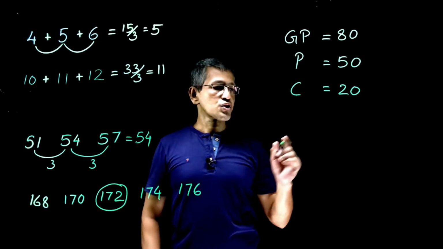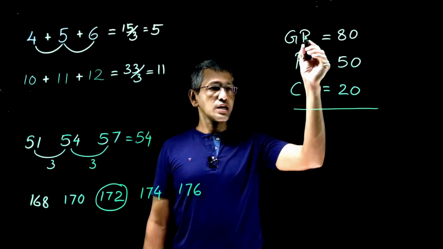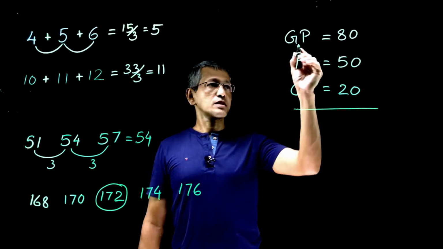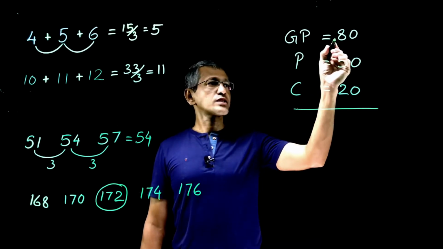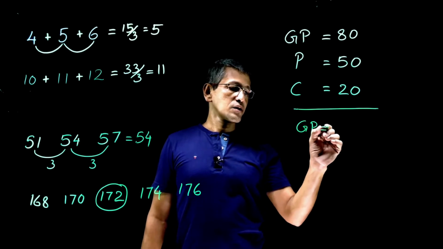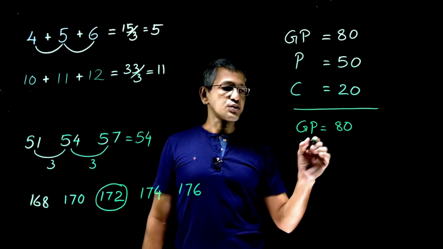Think about it. In the normal case, what we do here is calculate the total age. Grandparents: the average is 80. That means grandmother plus grandfather divided by 2 is 80.